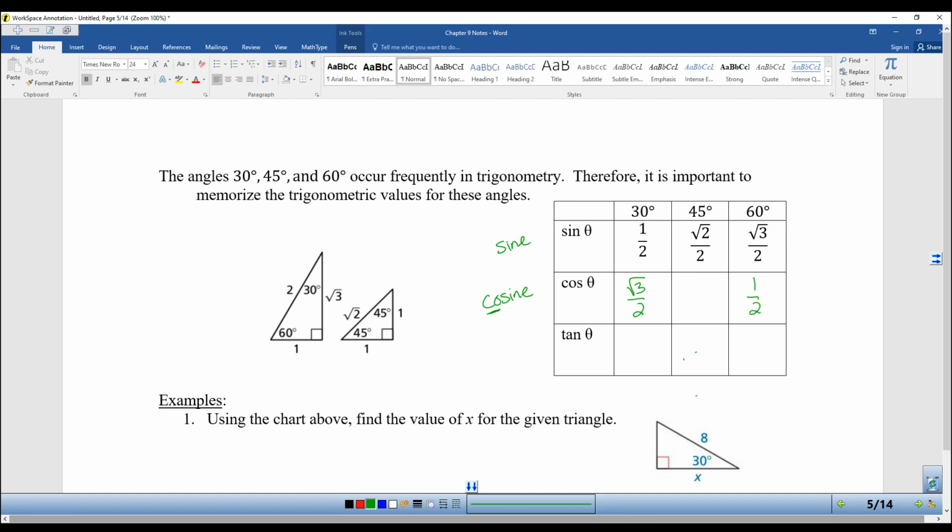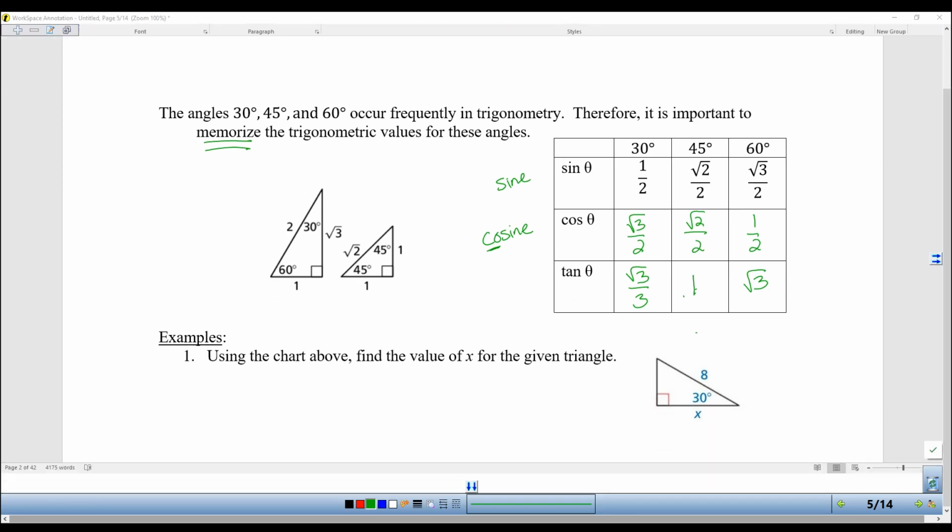That might help you memorize this chart. You will have to memorize this chart. But 45 is complement to 45, so these are both square root of 2 over 2. And then tangent is going to be the square root of 3 over 3 and 1 and the square root of 3. And there will be ways to memorize those later, little tricks for it, but you haven't learned what you need to know the memory parts.